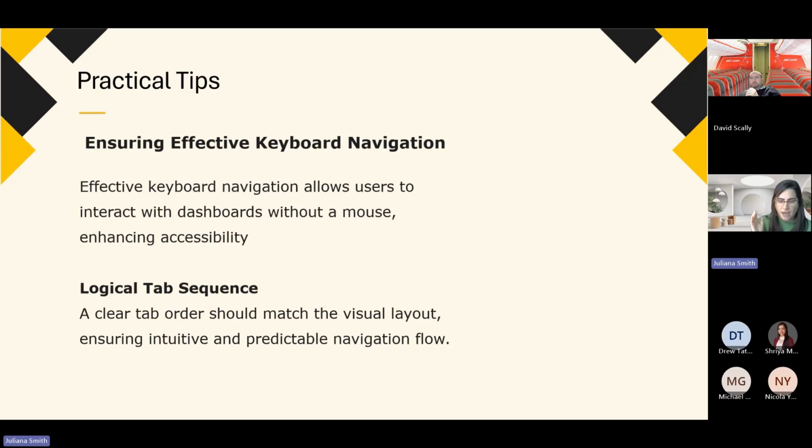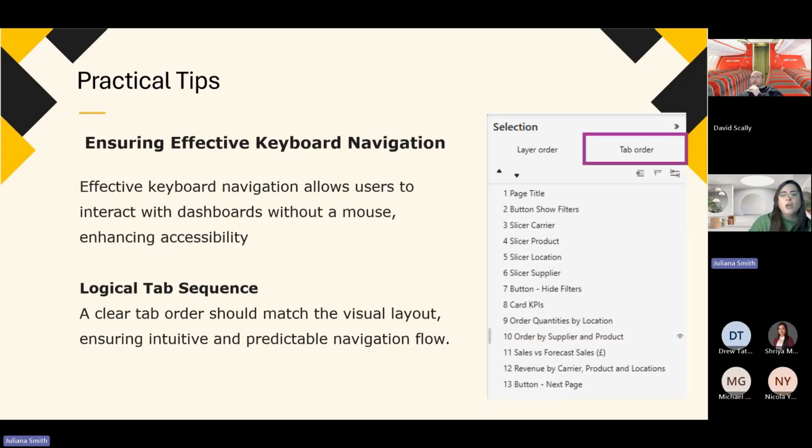So, at least in Power BI, we have to manually check the tab order. As you can see here, if it's not following the right order, we have to manually click and move around using the arrows on the interface. That is very important, especially if your user also relies on screen readers.